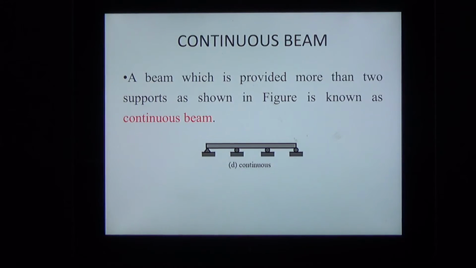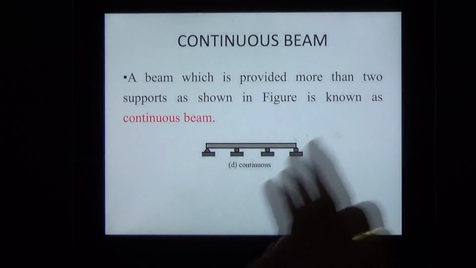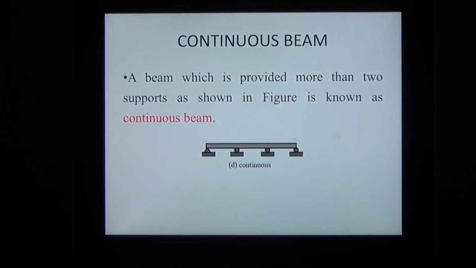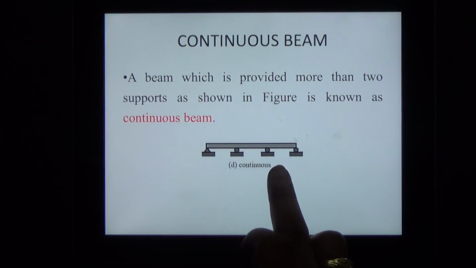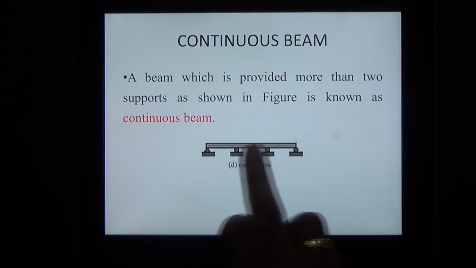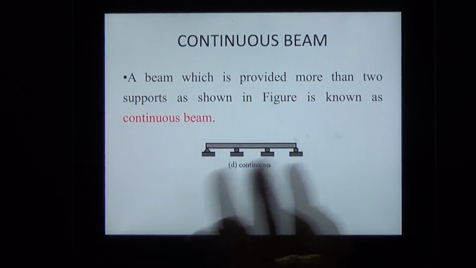Next is continuous beam. A beam which is provided with more than two supports, as shown in the figure, is known as a continuous beam. See, there are four supports. If the beam is supported by more than two supports, we call this a continuous beam.